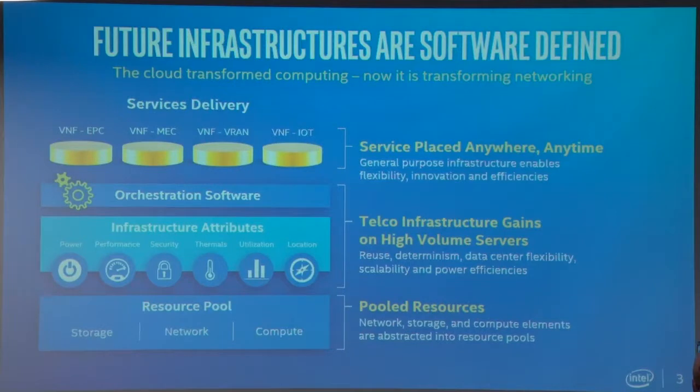And the classes of services that we see happening even right now are things like virtual EPC, virtual network functions for mobile edge computing, or virtual RAN, for example. These are the types of virtual functions we see already being deployed, not only being tested, but also being deployed currently in the network.